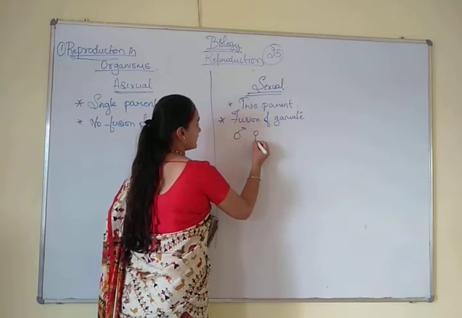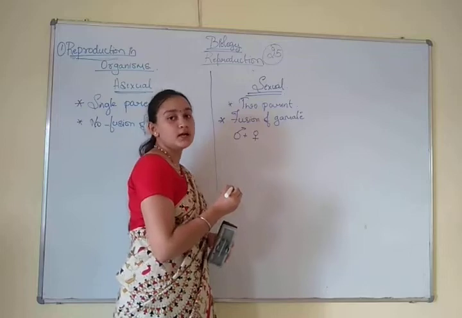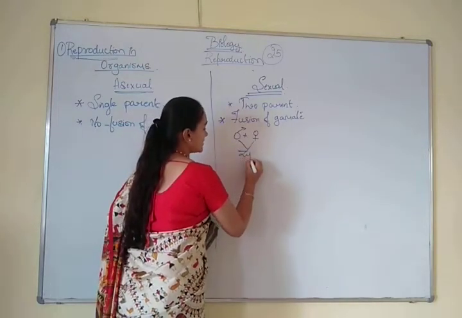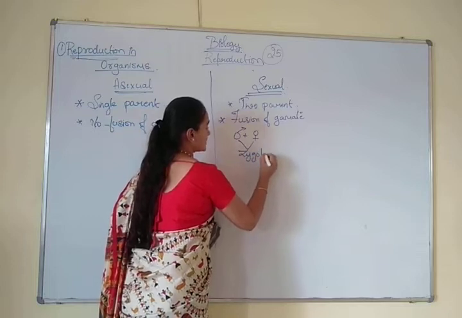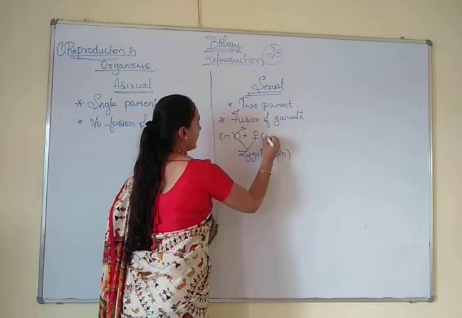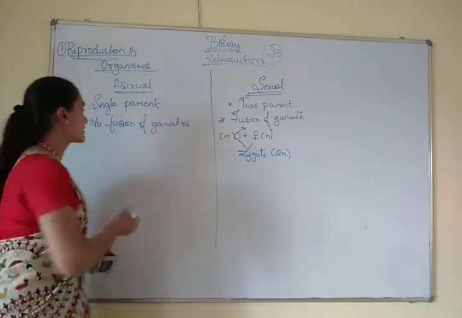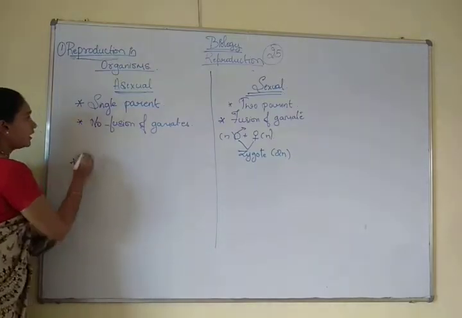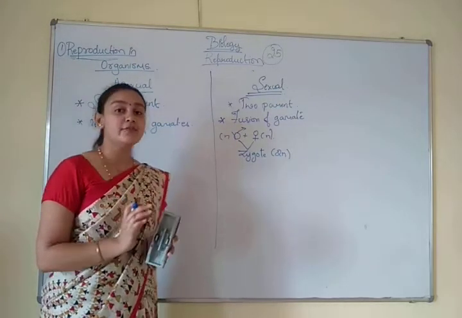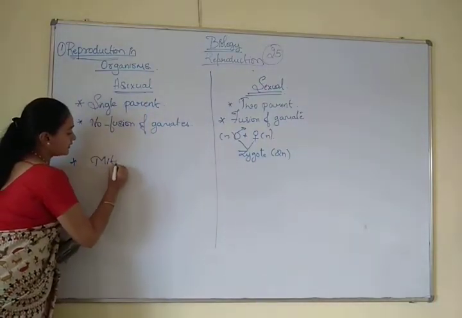There will be fusion of the gametes to produce a zygote. This zygote is diploid, whereas the gametes are haploid. Now, this asexual reproduction: the type of division involved here is mitotic division.